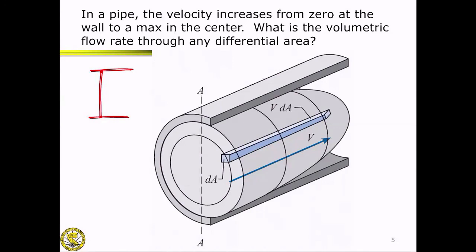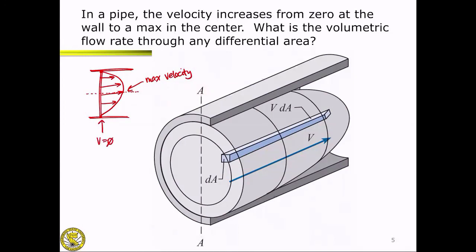As we reach the center line, that is where our velocity is maximized, and our velocity has a parabolic shape. So at the center line, we have our maximum velocity, and at both edges, our velocity is equal to 0, okay?